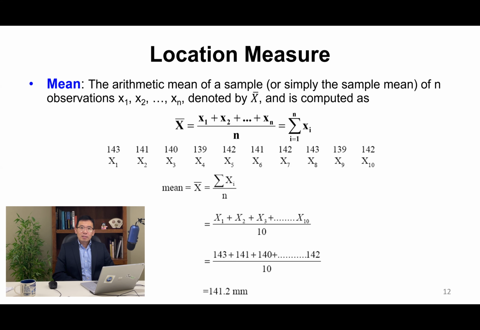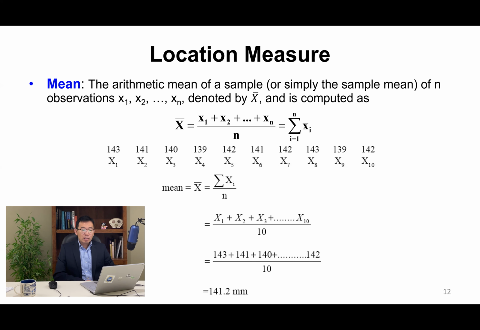The first location measure is the mean, the arithmetic mean of a sample, or simply the sample mean of n observations x1 to xn, denoted by x bar, is computed as you add all the observations together divided by the sample size. For example, here we have 10 observations, collected by random sampling from a population.